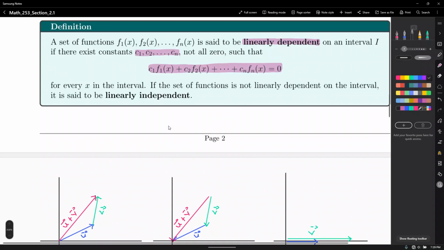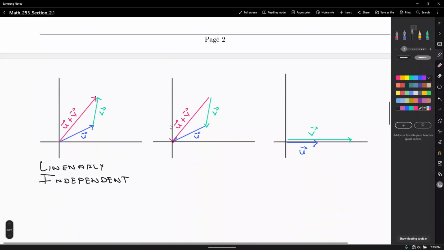So functions, just like vectors, multiplied by certain coefficients and added together, if they produce the zero function, are linearly dependent. The basic foundation comes from vectors.